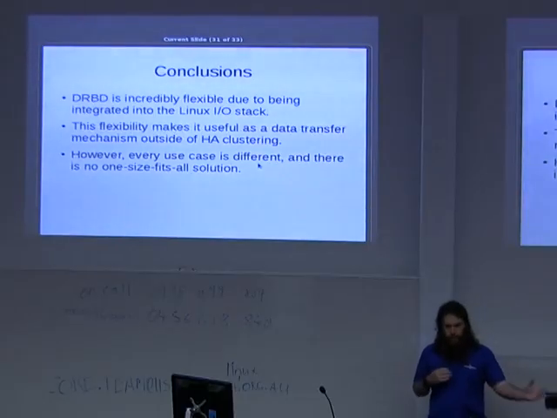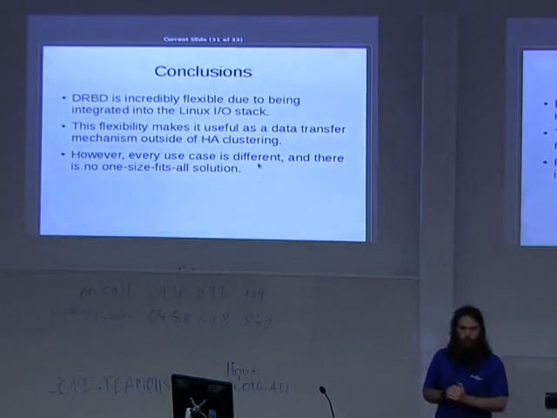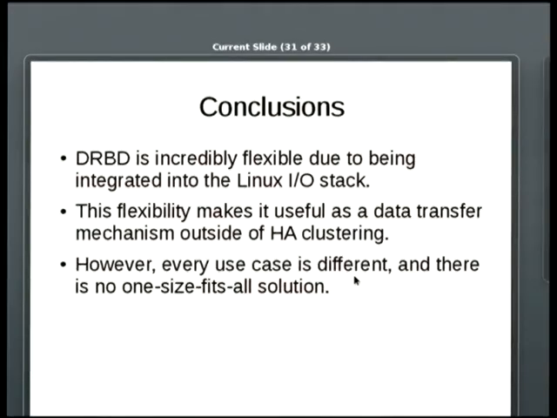It's mainly used for replication for high availability, but in this case we've used it as a data transport to get data from one place to another. But naturally every use case is going to be different, and that's one of the great things about the modularity of Unix in general, and DRBD just fits into that Unix philosophy that we all know and love.